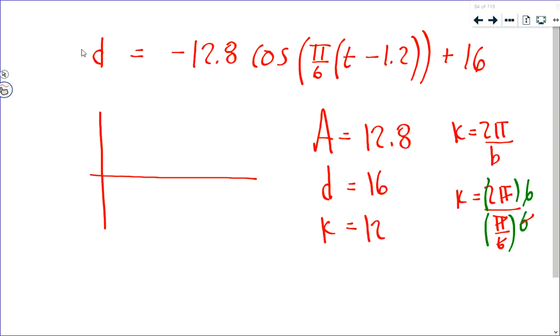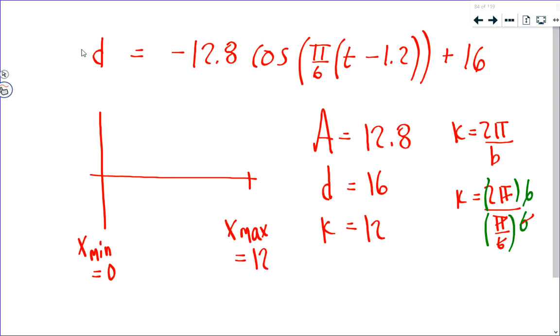So what I'm saying on the previous page is you want to graph it over one period. For your window settings, you want to choose a minimum x of 0 and a maximum x of 12. You want to look at one complete cycle of this graph. On the previous page, I said that we want to look at one amplitude above the displacement and one below the displacement.